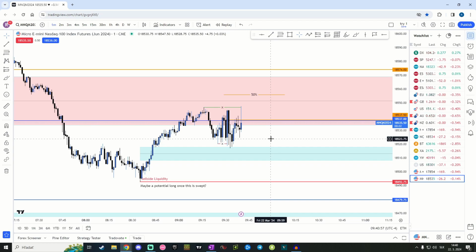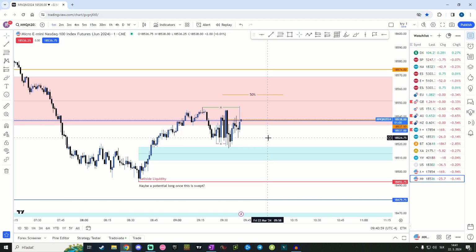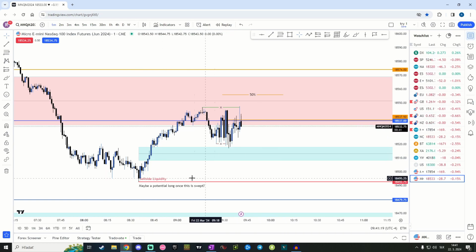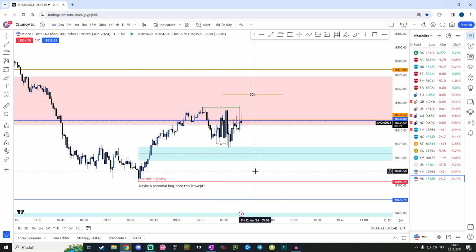Potentially this could be a nice opportunity to go short, just because we traded again into the 1 hour fair value gap. And also around here is the 25% of the opening range gap. But I'm not really sure if this is enough for me to say we are going down, even though there is still some opportunity to go lower.